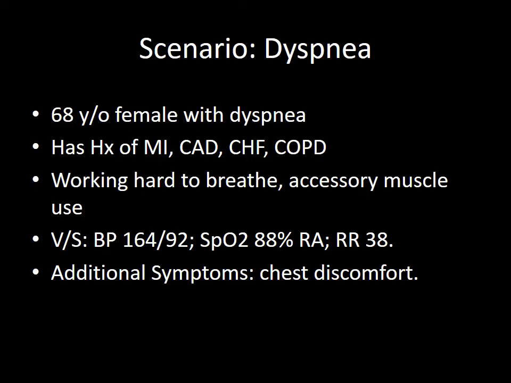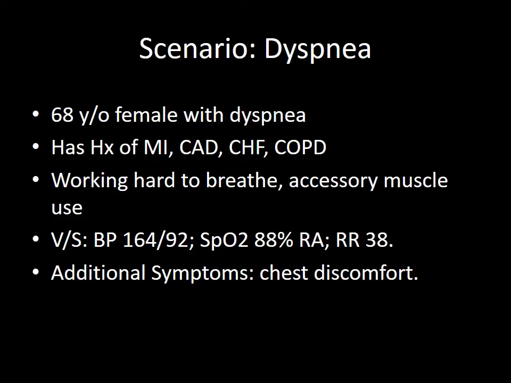Here's a scenario. We have a patient that has difficulty breathing, and this is probably one of your more complex situations. A 68-year-old female with difficulty breathing, a history of heart attack, coronary artery disease, CHF, and COPD. So with our differentials on difficulty breathing, of course this could be COPD, this could be CHF. We get there, she's working really hard to breathe, she's got accessory muscle use, so she's not ventilating very well.